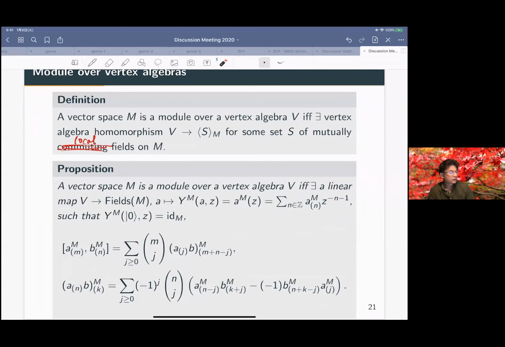So you can regard this Borcherds identity as a fundamental relation of the vertex algebra.